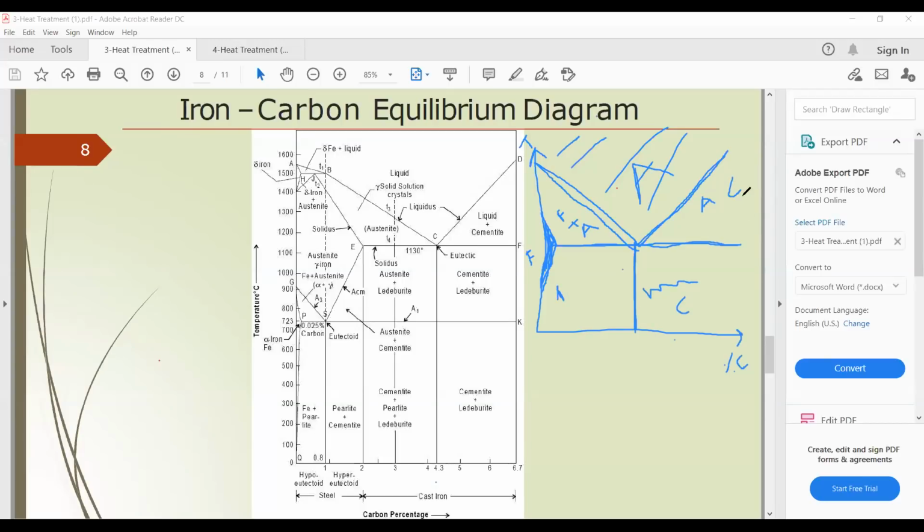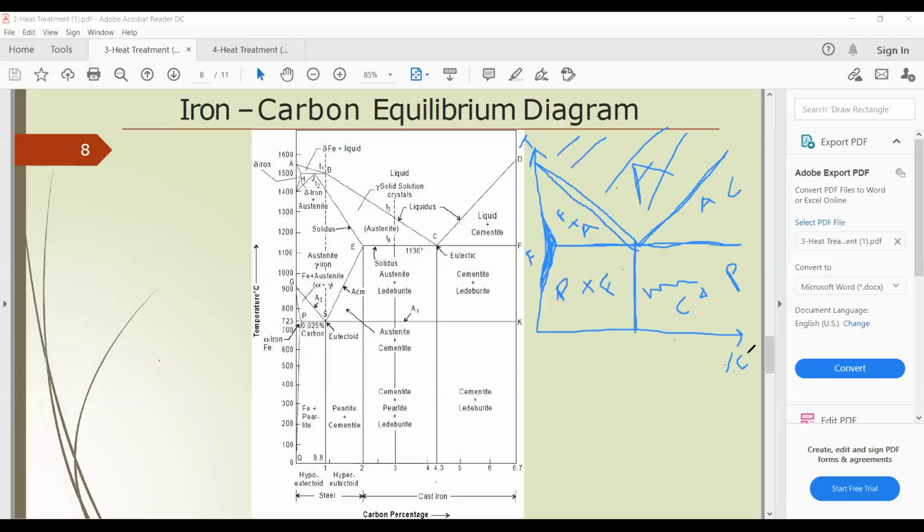That's why here it is cementite plus austenite, right? So here cementite plus pearlite is available. Here pearlite plus ferrite is available. So you have to remember it.